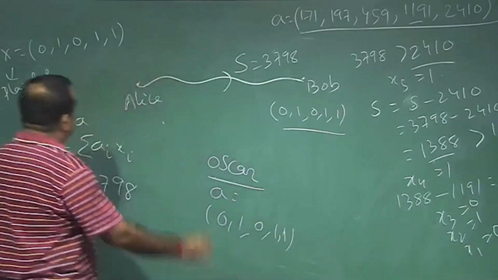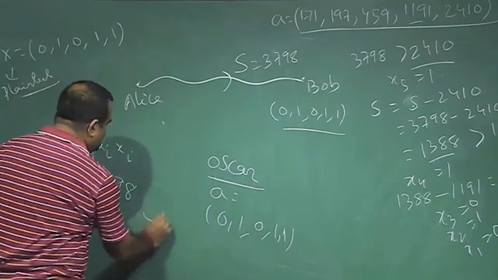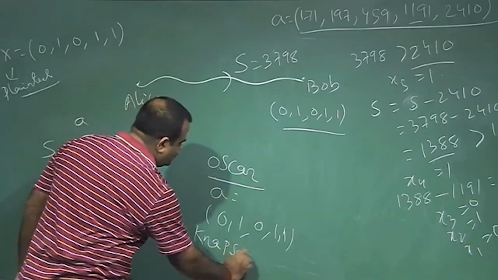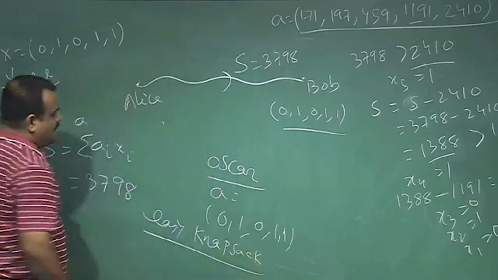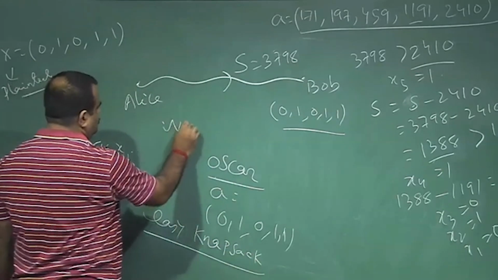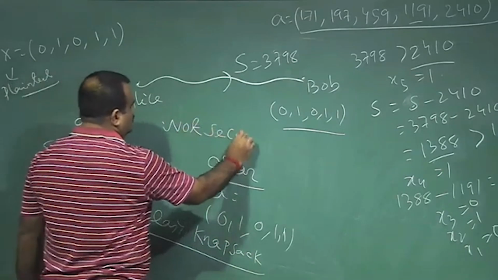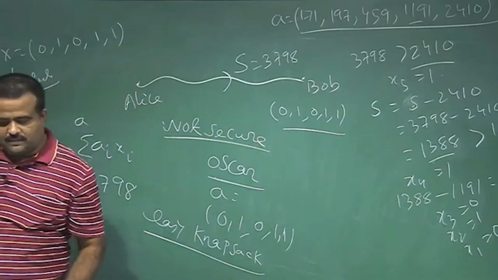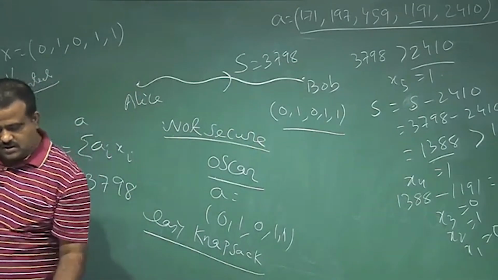So this crypto system is not secure. This is called the easy knapsack crypto system, and it is not secure because any third party can mount this.